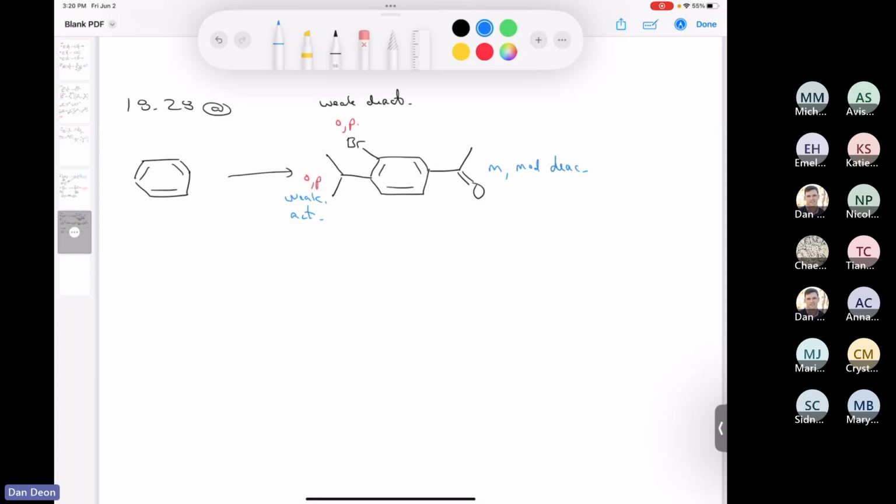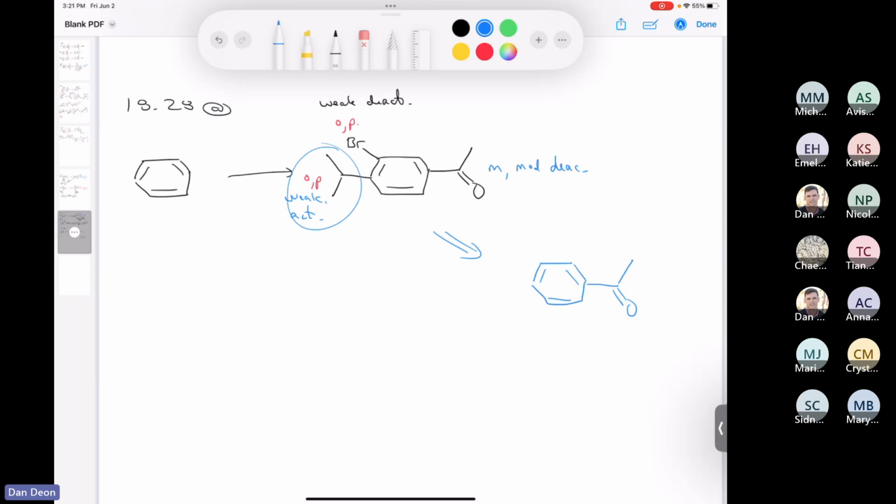On the alkylation, we want to put in the isopropyl group first. The problem with putting the carbonyl in first is that then you'd have a deactivator, and you want to get the highest possible yield. If you put the alkyl group in first, it's an activator, and that would give you a better yield.